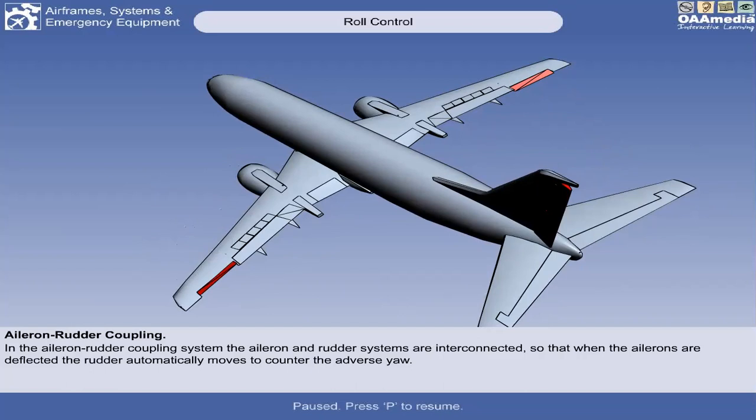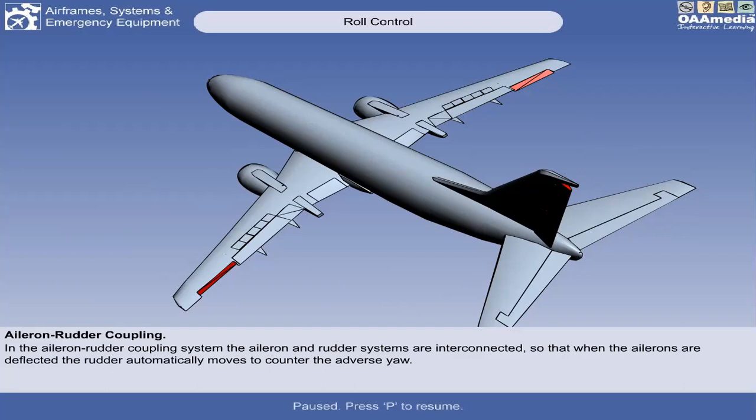If you're going to look at this one, di ba, kapag nag-roll ka sa kaliwa, there's also a tendency of that aircraft to yaw to the left. Kumbaga, interconnected to each other. Kasi kapag nag-roll ka sa kaliwa, parang may kasamang yaw na rin eh.